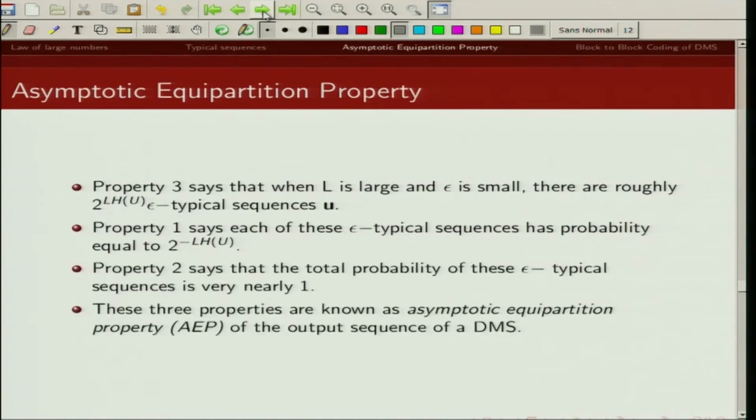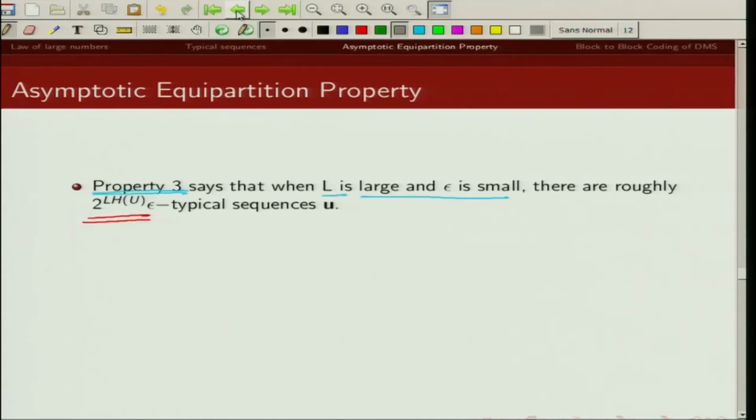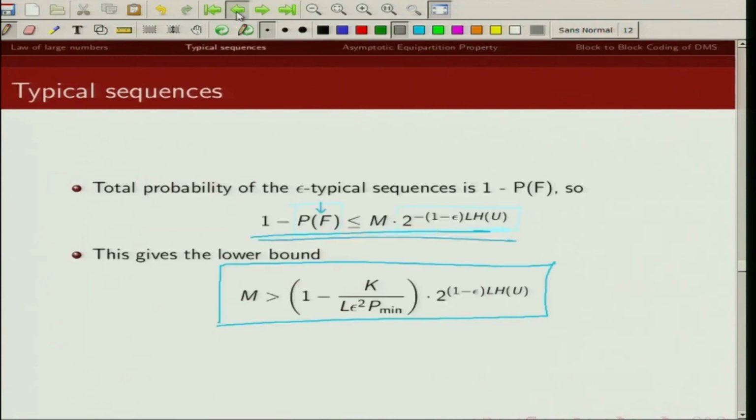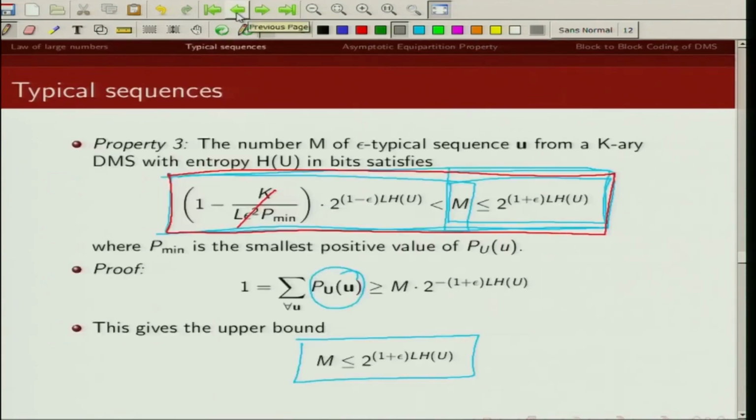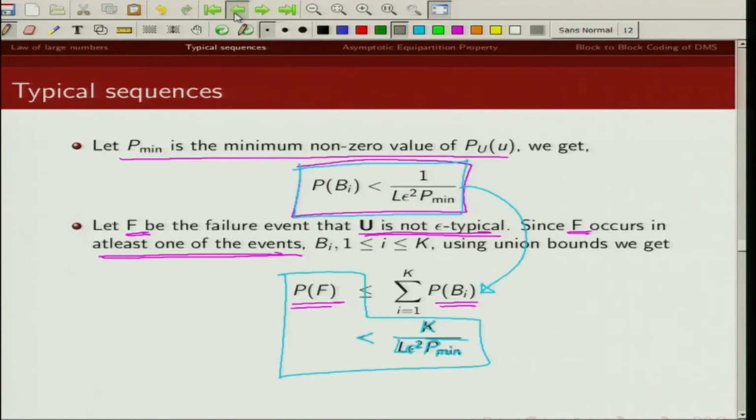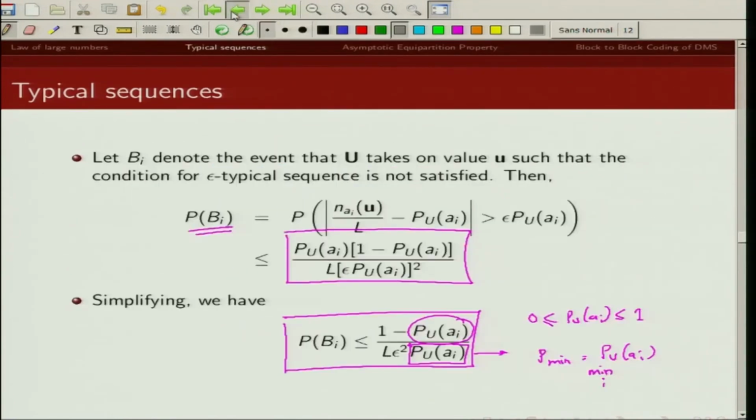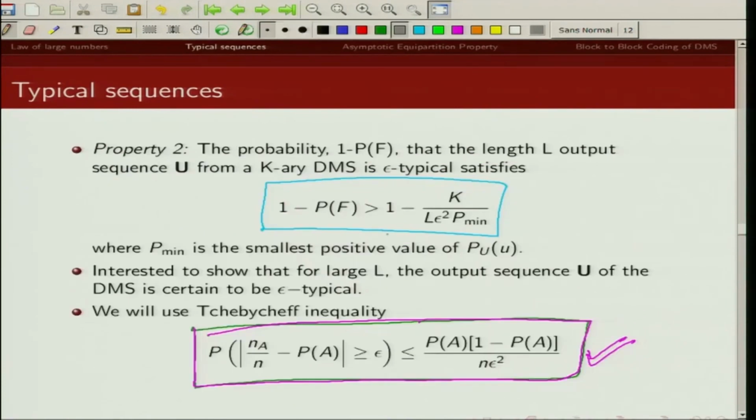And finally, from property 2, we get the result that the total probability of these epsilon typical sequences is nearly 1. Go back: what is this total probability? That is 1 minus Pf, and 1 minus Pf is upper bounded by this quantity.